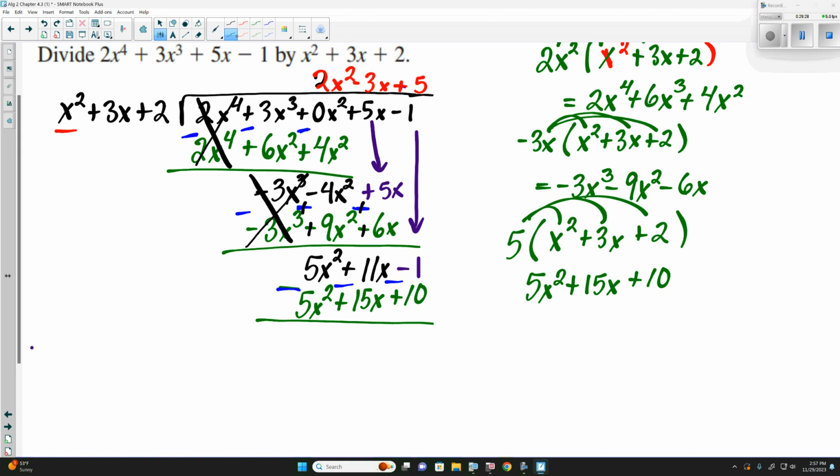At this point, we are going to subtract. And 5x squared minus 5x squared is again 0. It cancels out. 11x minus 15x is negative 4x. And negative 1 minus 10 is negative 11.